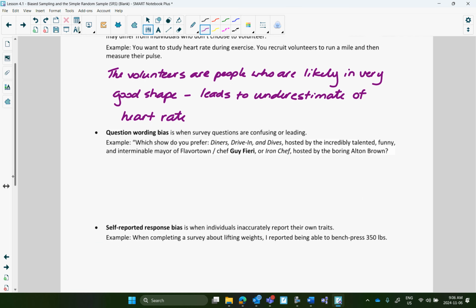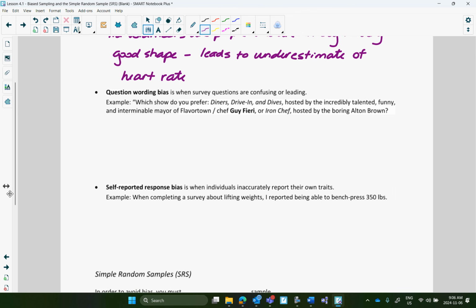Question wording bias. This would be common sense. Let me just look at the example. What show do you prefer? Diners, Drive-Ins, and Dives, hosted by the incredibly talented, funny, and interminable mayor of Flavortown, Chef Guy Fieri, or Iron Chef, hosted by the boring Elton Brown?